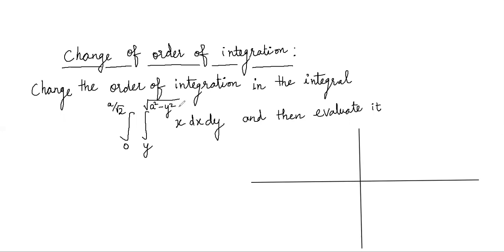Since on the inner integral we have limits of x, the order of integration in this double integral is dx dy. Now we have to change the order of integration.